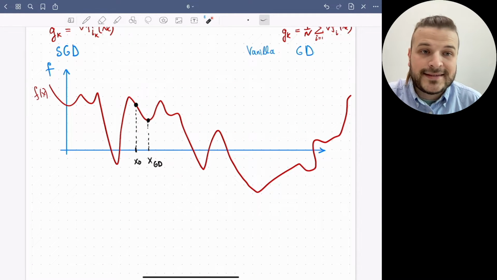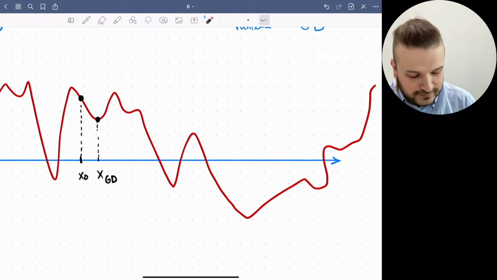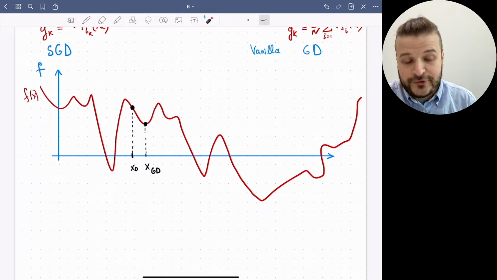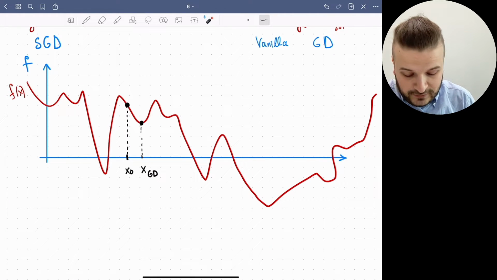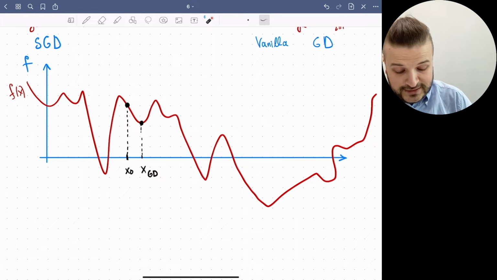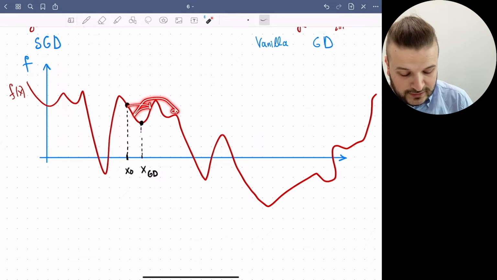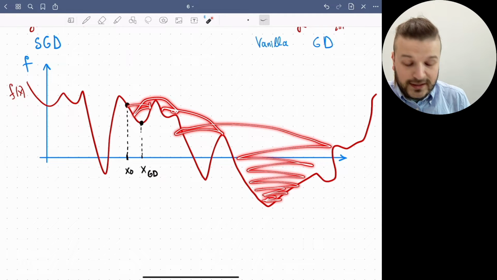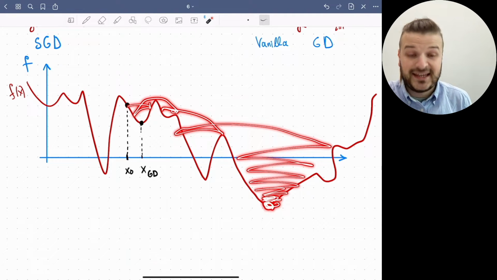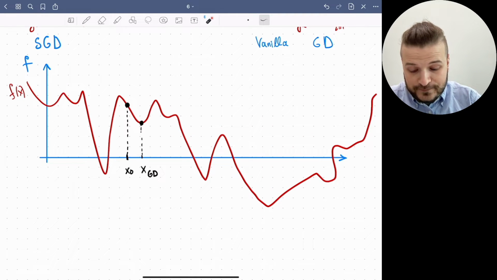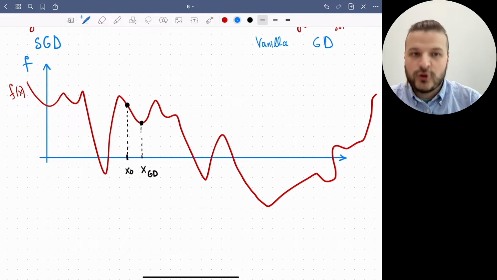But if the noise level is reasonable in some sense, and how to determine this reasonable level of noise is a very hard question, still, for this function, you can go here, go there, and finish somewhere at the wide local minimum, let's say here. That's an artificial example, but still the intuition behind it could be useful.